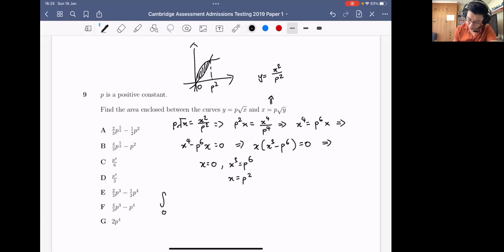Now you integrate from 0 to p squared of p root x minus x squared over p squared dx.